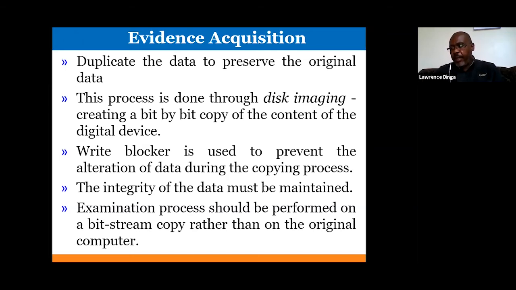We have one called SHA-1, which is the secure hash algorithm 1, and SHA-2, and SHA-3. So those are the algorithms that you use when you want to preserve the integrity of the data that you collected, just to make sure that the original is equal to the copy. So when you are working on the copy, you know that everything on the copy is also on the original.